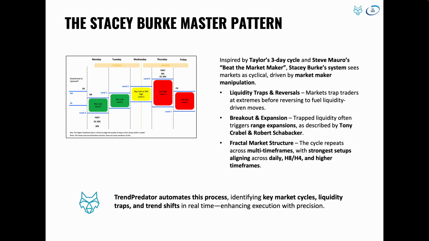So what's the Stacey Burke master pattern? This is what TrendPredator tries to follow completely. I just did a huge video on that, the weekly template. Just for a moment to follow that again, we are always looking at a cycle along the week, typically along the days with Stacey's 3-day setups. So we potentially get a fake out low here on the day 1 of the 3-day cycle, first green day.